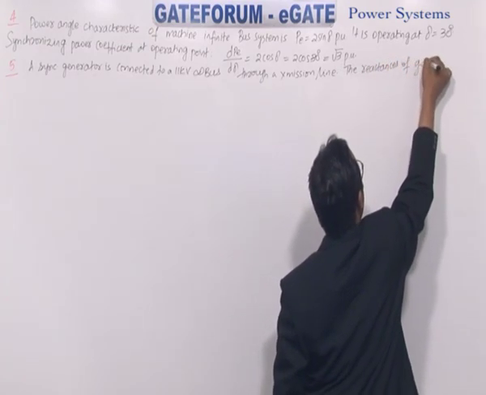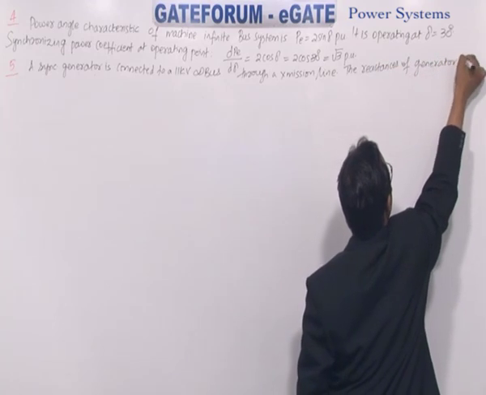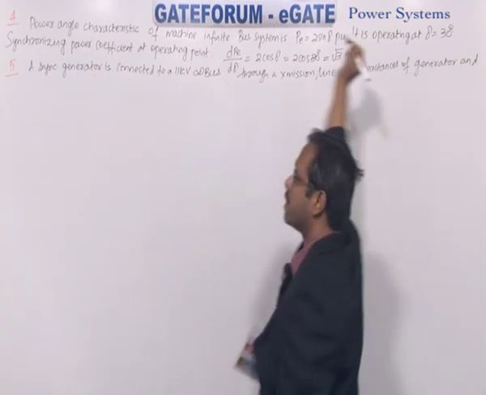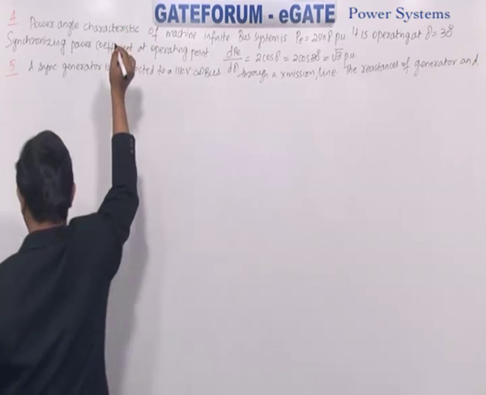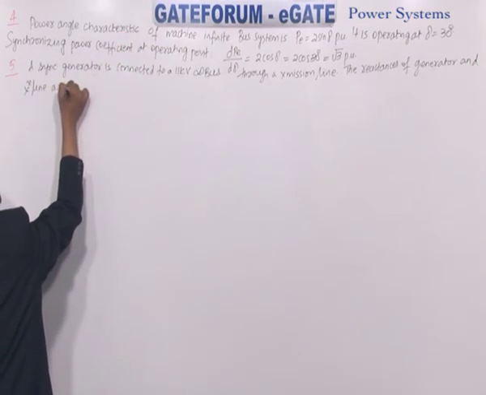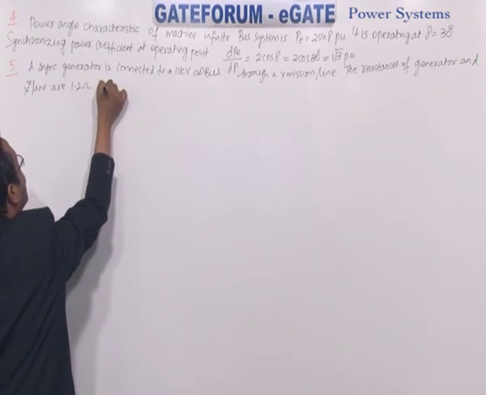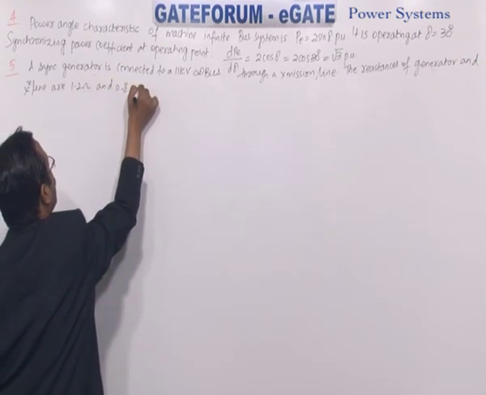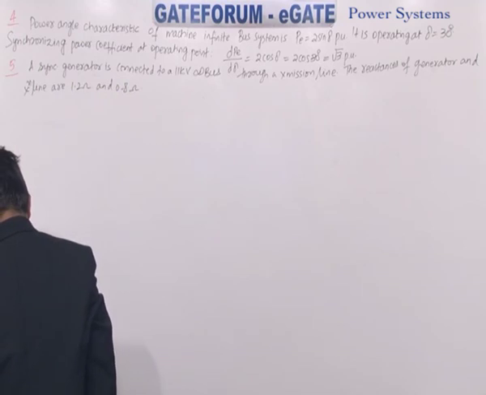The reactances of generator and transmission line are 1.2 ohms and 0.8 ohms.